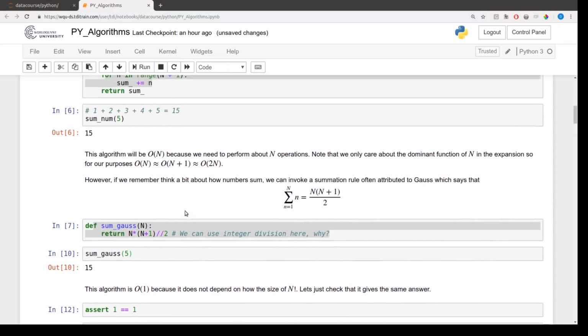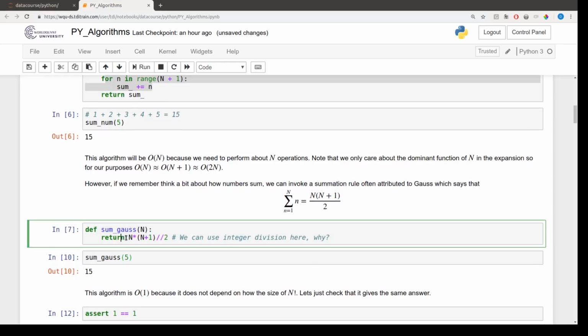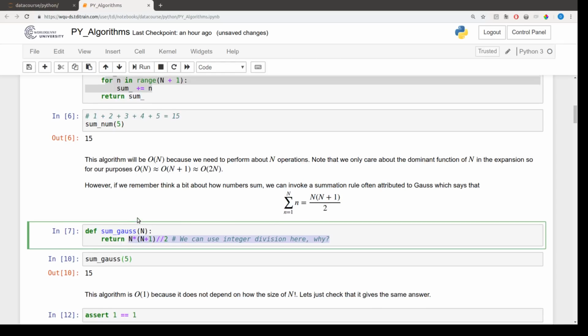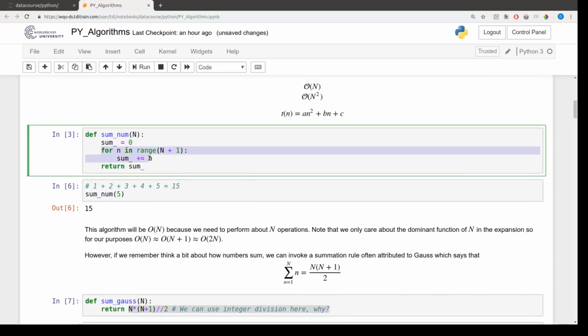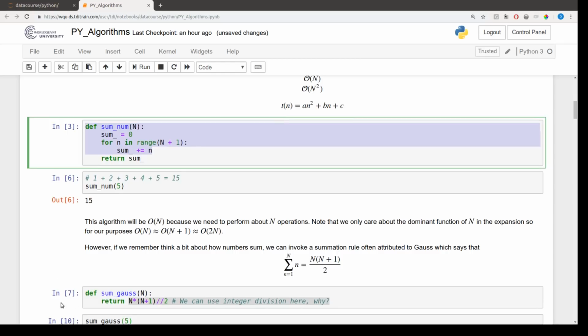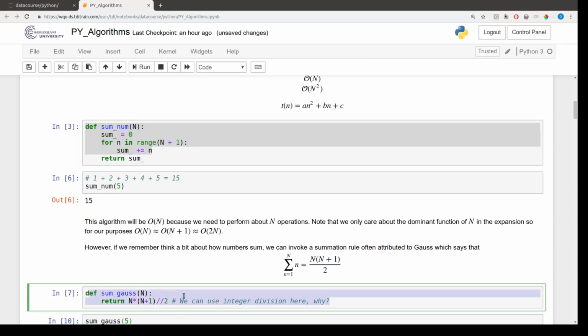Just by looking at these instructions, I can see there's one constant instruction that I execute, no matter how big n is. For this one, since I have a for loop, I'm going to iterate n times, so I know this algorithm is order n. But I can also check that my analysis is correct by timing how long it takes to run this function for an input n compared to how long it takes for this function.